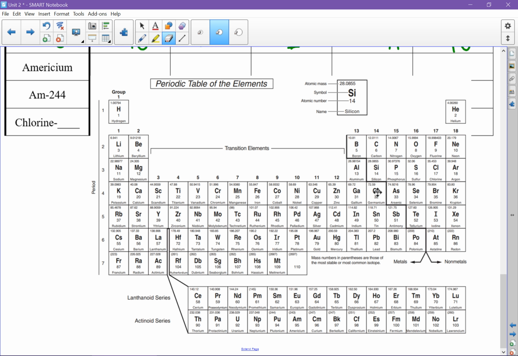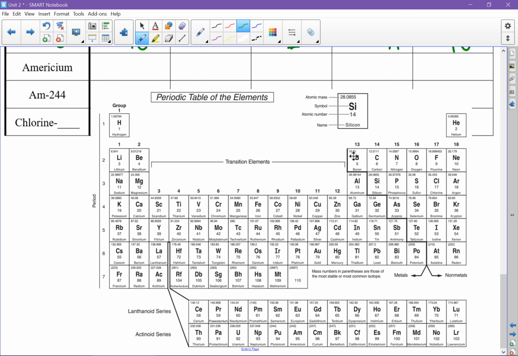Okay, next element we have americium, named for your country. This is America. Alright, let's figure out what we have. Americium is way down here. Okay, the 95 is the atomic number, which equals the protons and the electrons. Now in this example, the symbol doesn't say anything about the mass, and they didn't give me the number of neutrons.